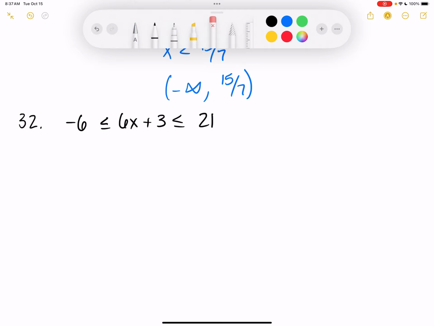With this one, I technically have 3 sections. So if I am going to subtract 3, I have to do it from all three pieces, including the middle, which is what makes it go away. Same thing if we're multiplying or dividing. So when I subtract 3, I get negative 9 less than or equal to 6x less than or equal to 18.